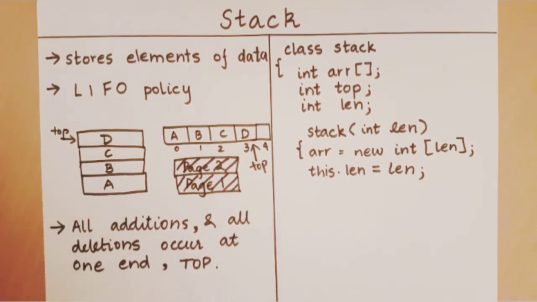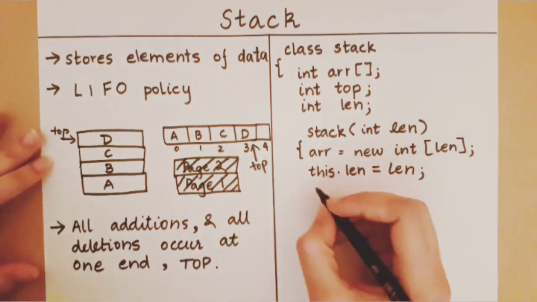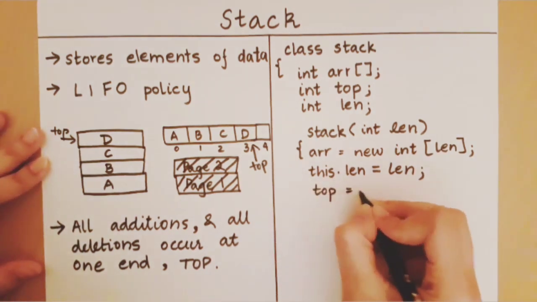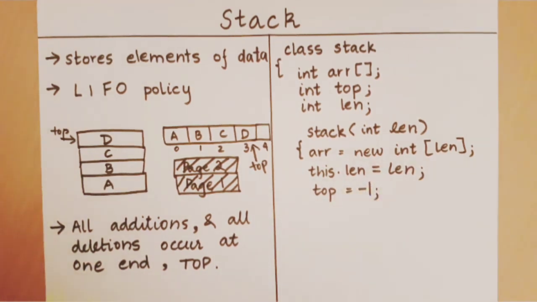After this, I must give a value to the top. Now when the user creates a stack, the stack is empty. When the stack is empty, we cannot define the top of the stack. I'm going to keep top as -1. Now the question arises, why am I doing this?